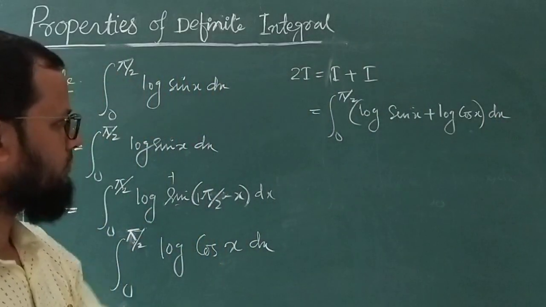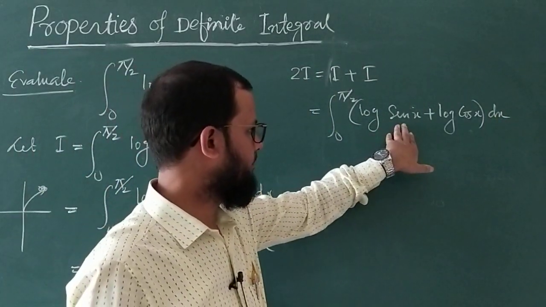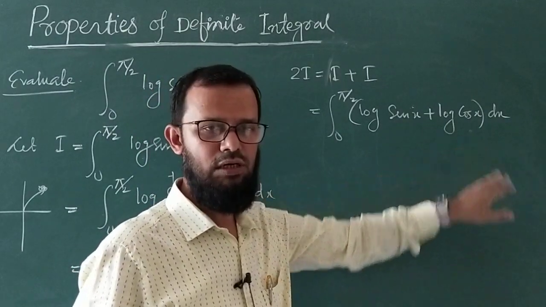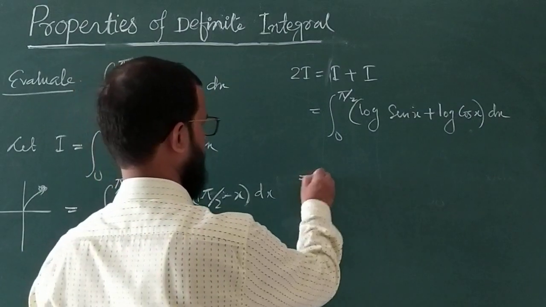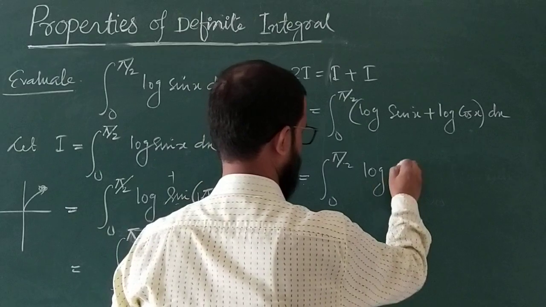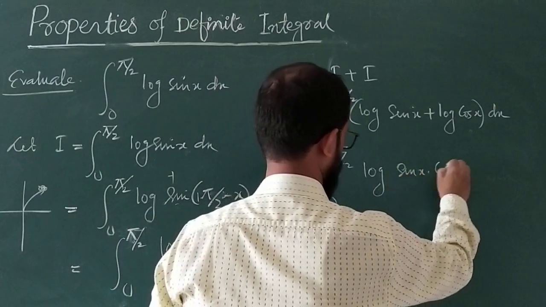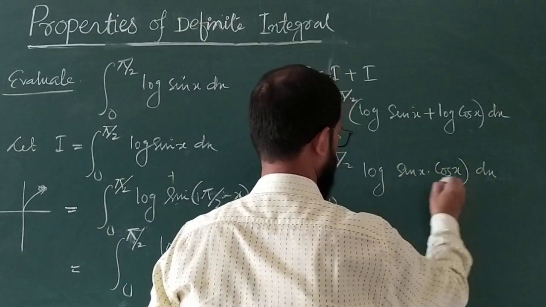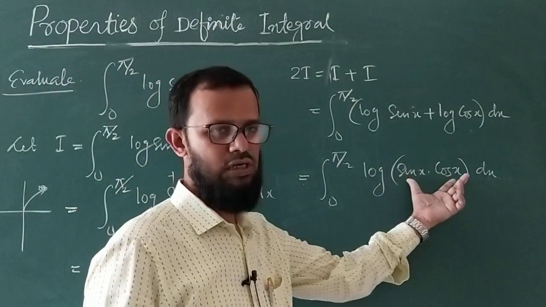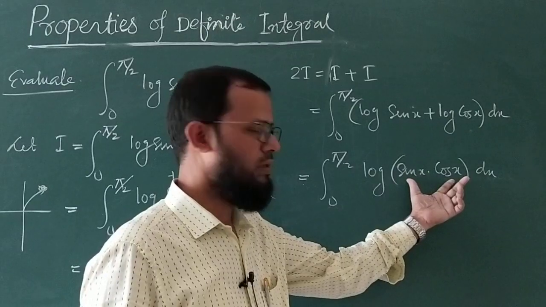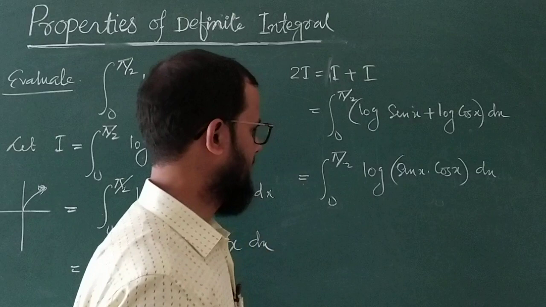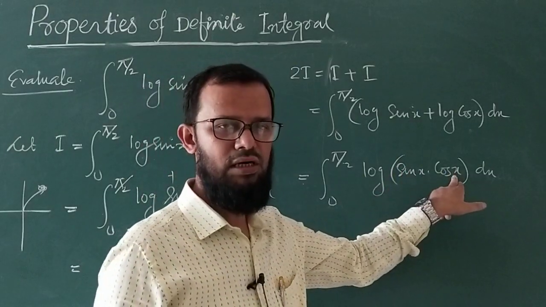Clear? Now you know a particular formula of logarithm, log a plus log b is equal to log ab. So using this property, you get log sin x cos x dx. Now there are 2 terms, and I should convert them into one single term. If there is a 2 multiplied, then 2 sin x cos x becomes sin 2x.